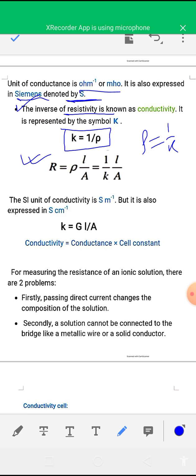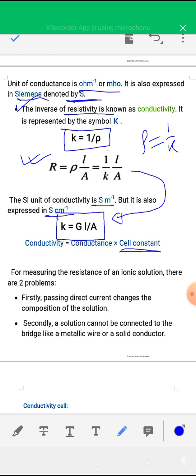What is the unit of conductivity? The SI unit is Siemens per meter, that is Siemens meter inverse, or in CGS you can write Siemens centimeter inverse. After rearranging this equation, conductivity is equal to conductance into L by A, where L by A is known as the cell constant.